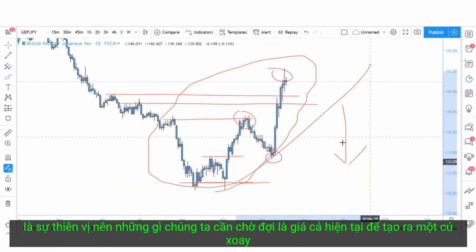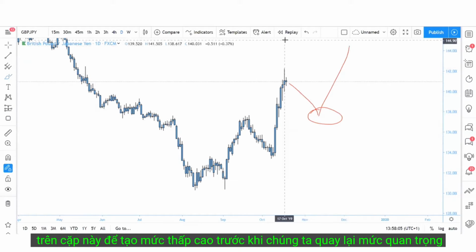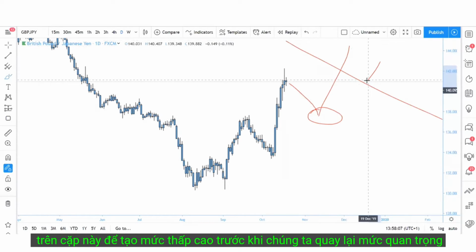So what we need to be waiting for is for price now to create a swing on this pair, to create a higher low, before we then get back to the key level, which is the trend line on the highest time frame. So when we go down to our hourly time frame, what we can clearly see is much more information, and this will help us to identify how we can enter the markets.